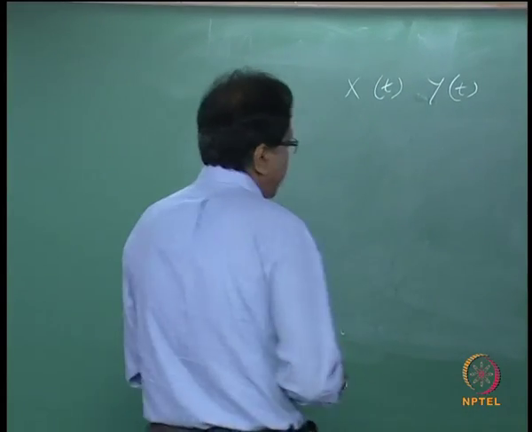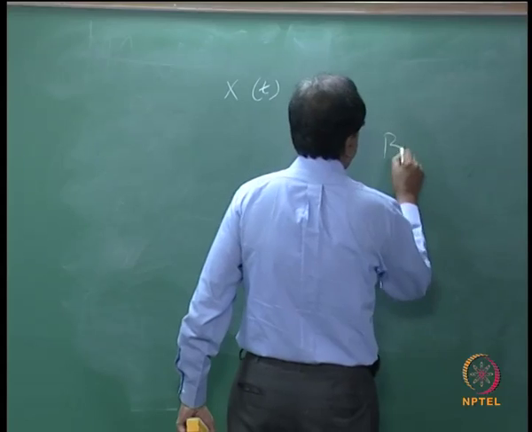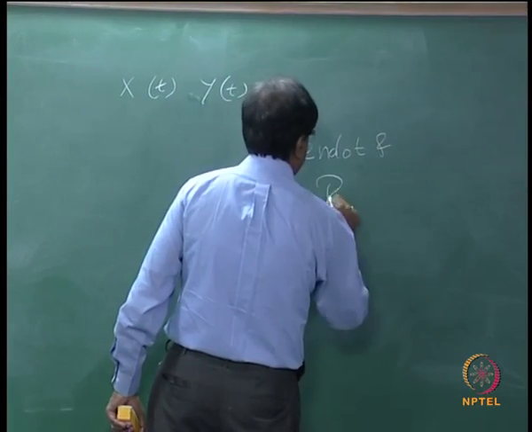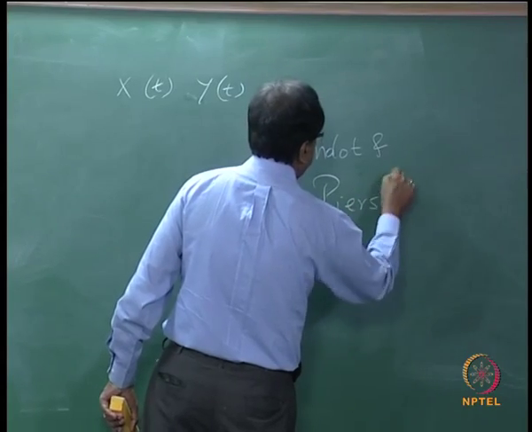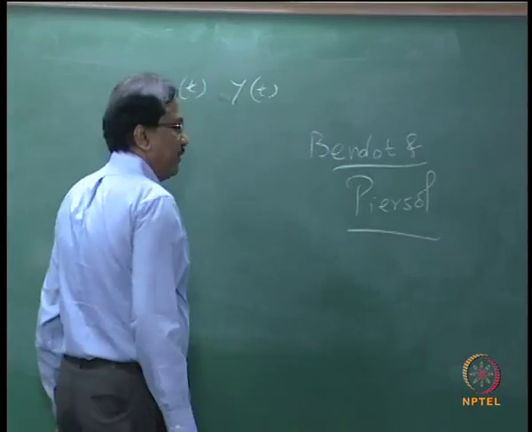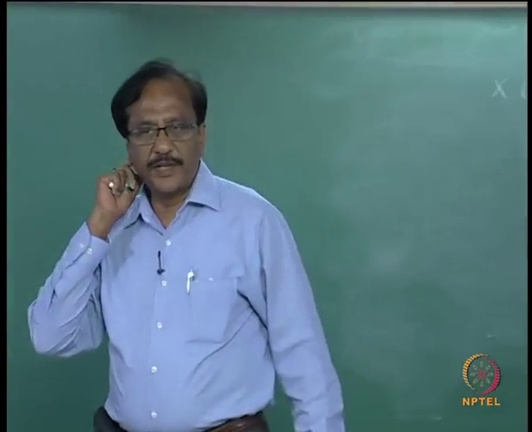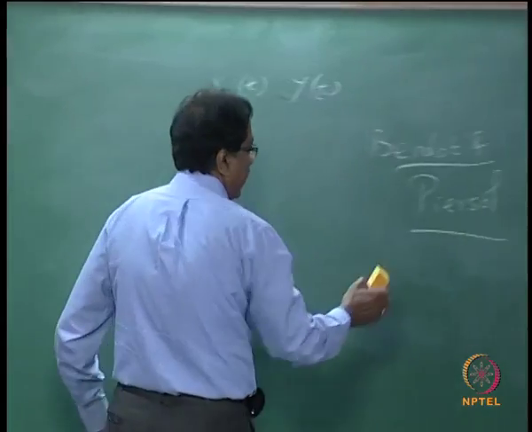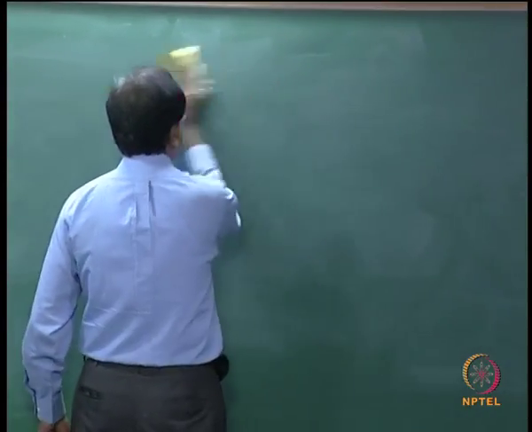I would suggest the book by Bendat and Piersol, given at the end of the references, for further details on cross correlation, autocorrelation, and all these methods which I have discussed.